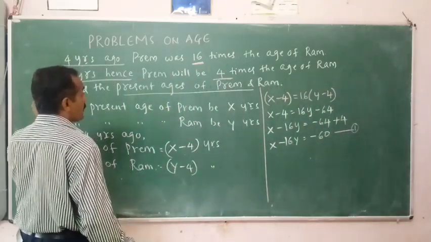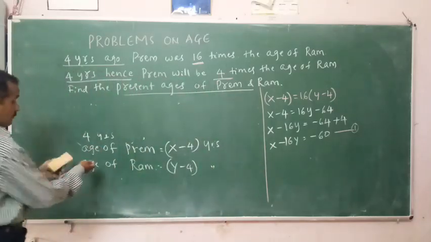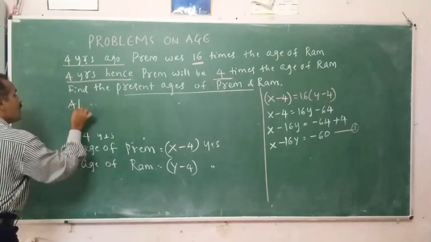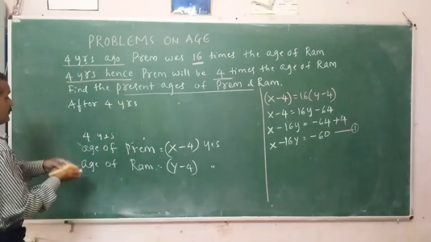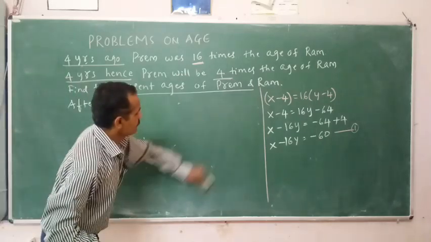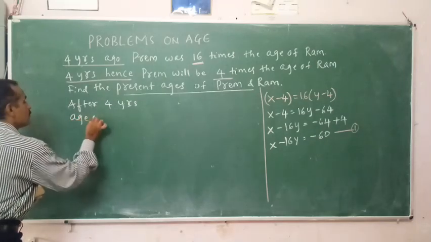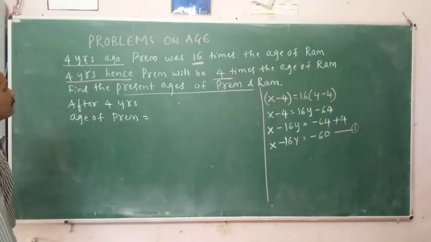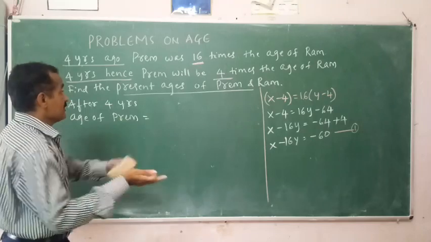I will go for the next story. Now 4 years ago is over. Now I will go 4 years hence. After 4 years, what happens? Age of Prem: at present he is x.